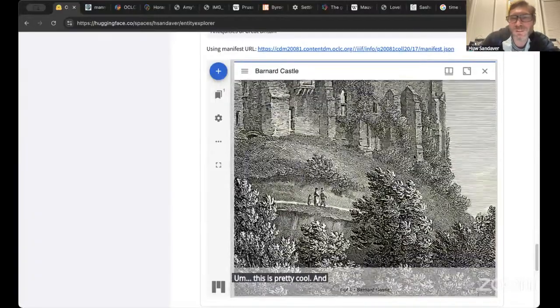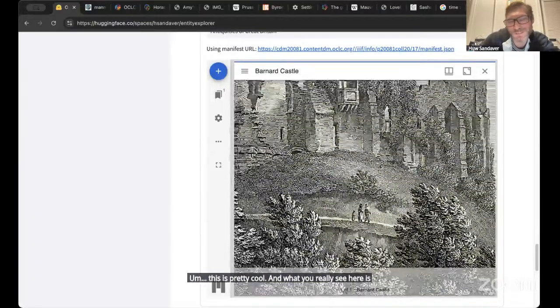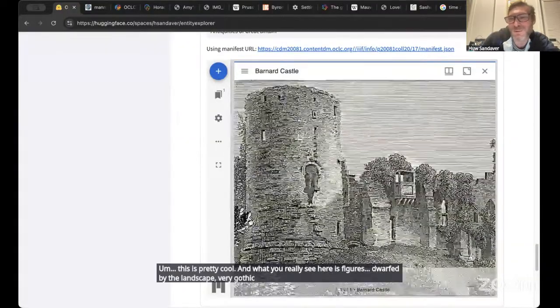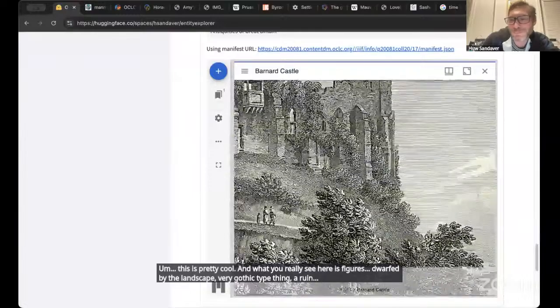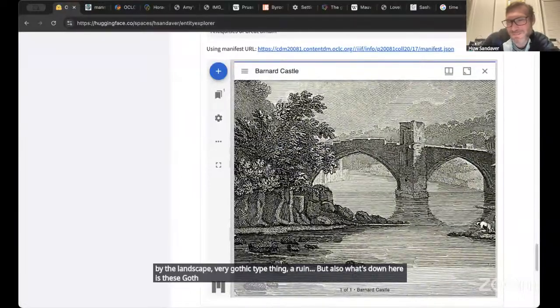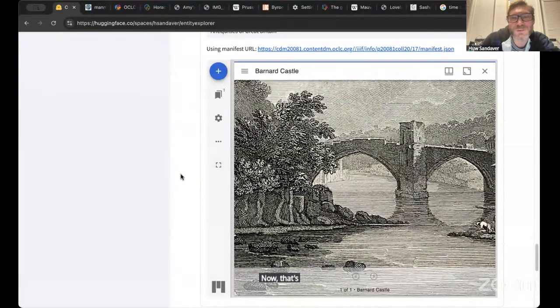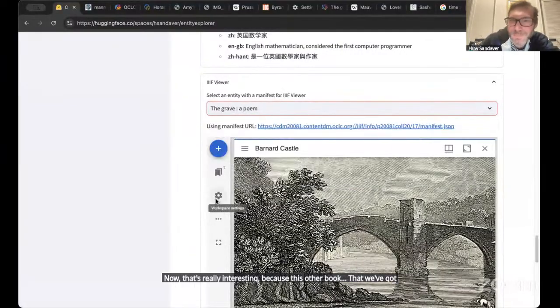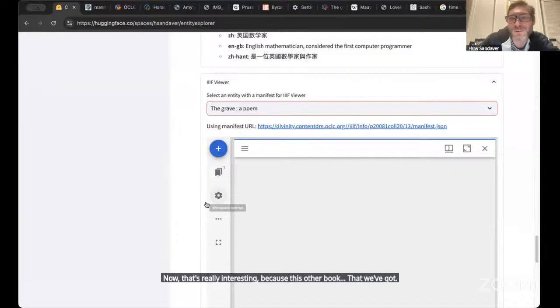And what you really see here is figures dwarfed by the landscape, very Gothic type thing, a ruin. But also what's down here is these Gothic arches. Now that's really interesting because this other book that we've got here also shows that trope.